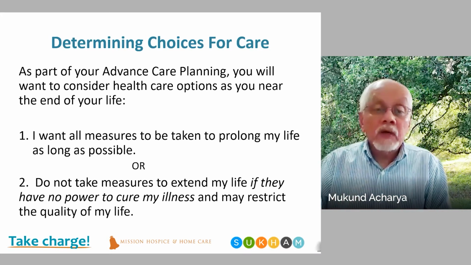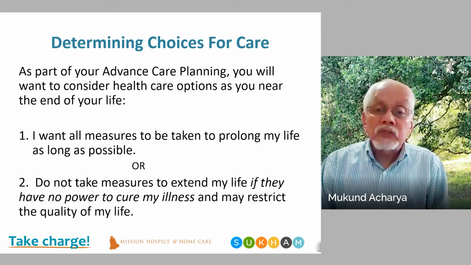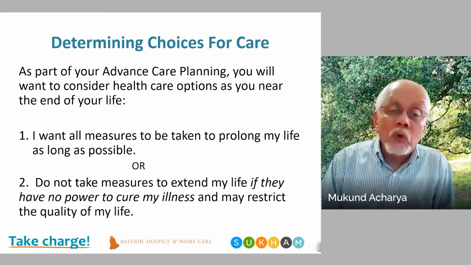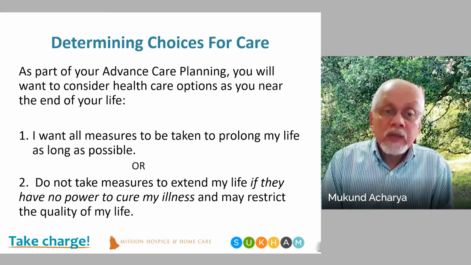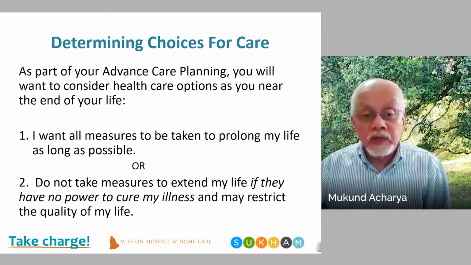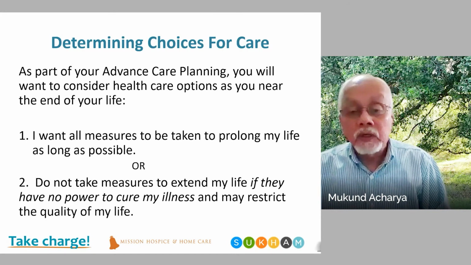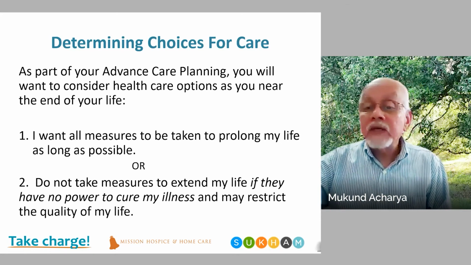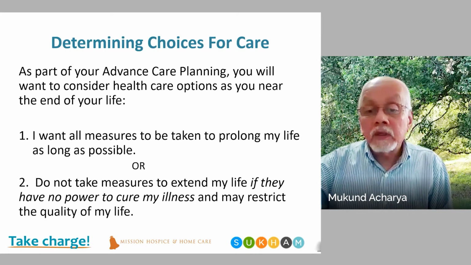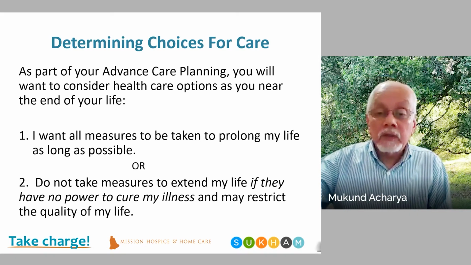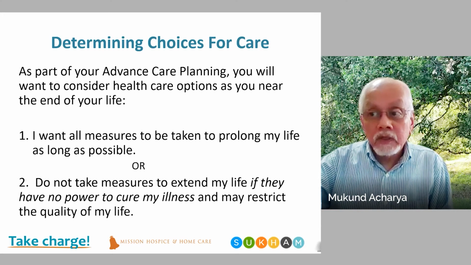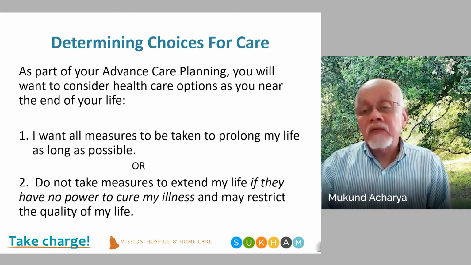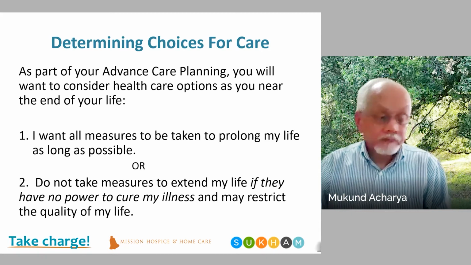So the second option is, do not take measures to extend my life purely to extend my life if they have no power to cure my illness and if it may restrict the quality of my life. Do not treat my pneumonia if at the end of it I'm going to be brain dead and in an uncomprehending state in bed for who knows how long, right?